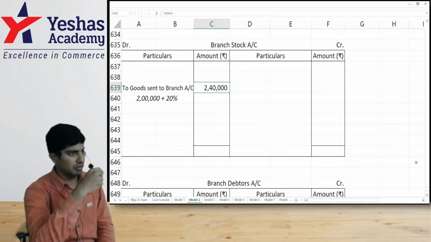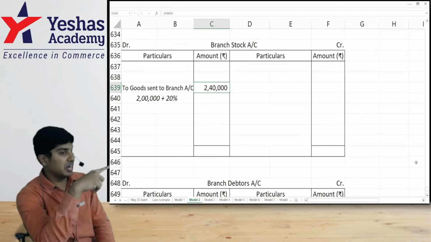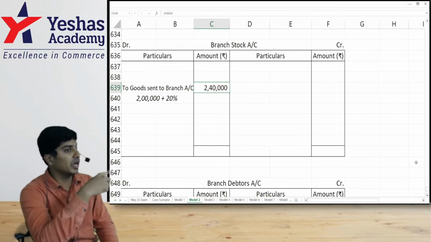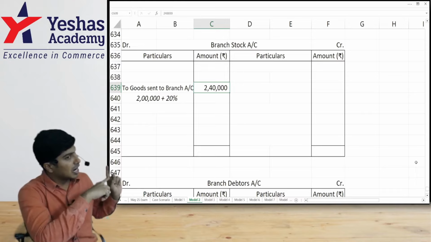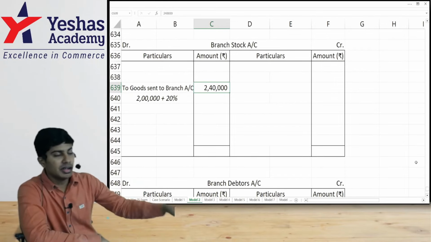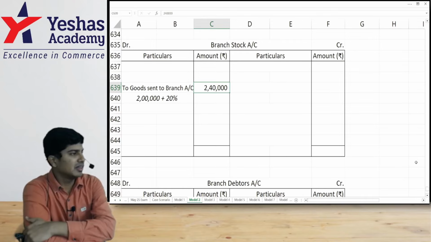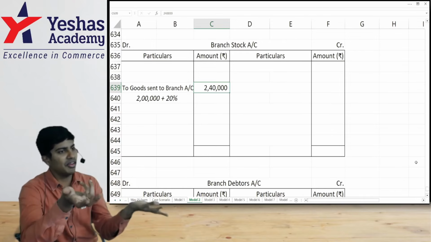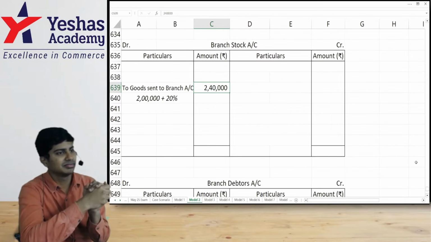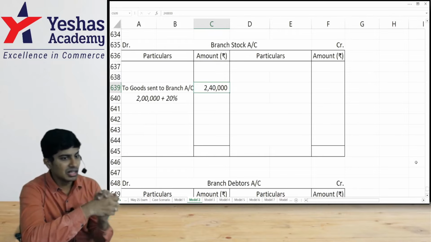On this 2 lakh 40, which is actually at invoice price, that 20%, which is 40,000, has to be removed as load. In the branch stock adjustment account, I would have to write it on the credit side. But I am not preparing that. Why? They are giving us only 6 marks. If they had given 14 marks, I would have written that. Everyone understood? Come on.